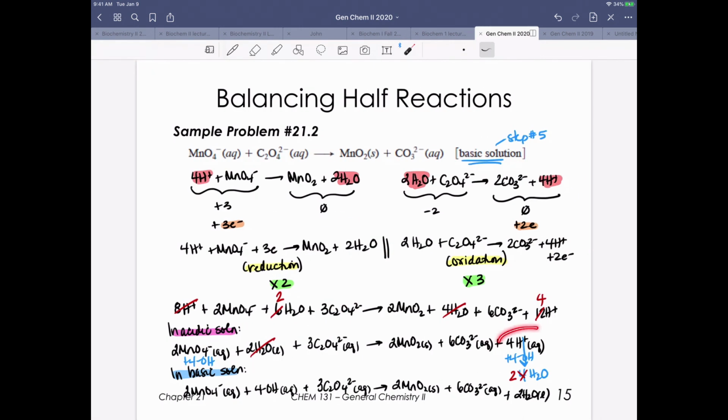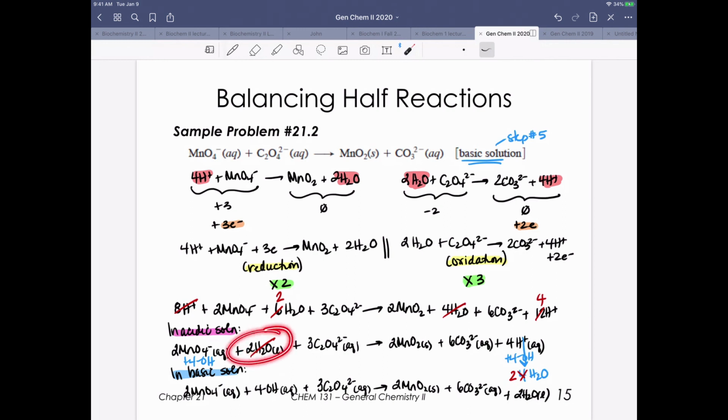All right, we had H pluses on the right side of our equation when we were in acidic solution. So we had 4 H+ that we needed to neutralize, and we have to make sure to add 4 OH minuses to the left as well. When we add 4 OH minuses to the side that has 4 H pluses, that generates 4 waters. Remember, we had 2 that were on the left.